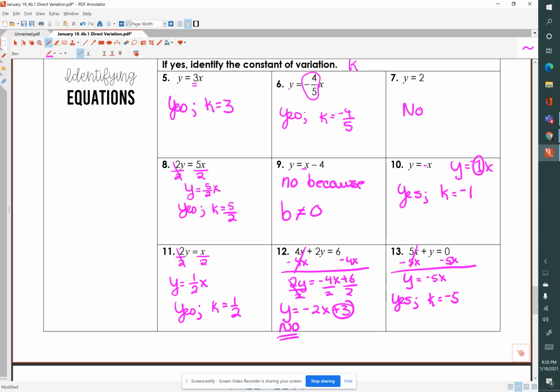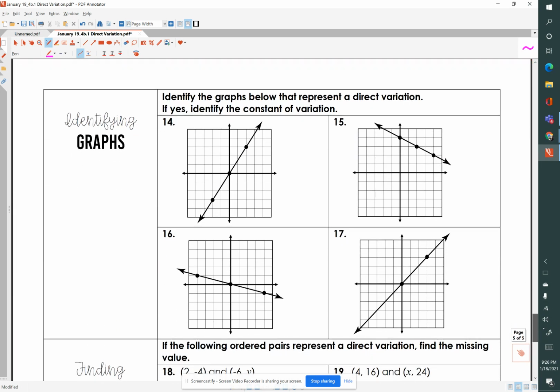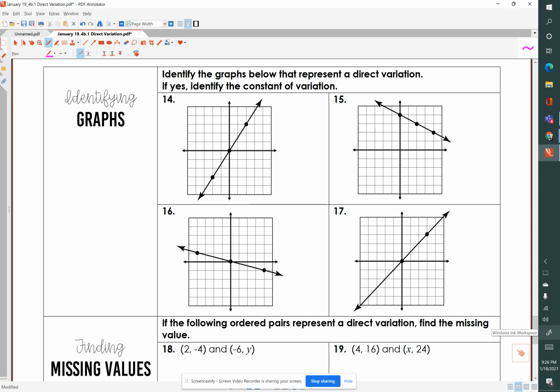Now, moving on, let's look at some direct variation graphs. So identify the graphs that represent a direct variation. If yes, identify the constant of variation. Well, let's look at what we have. We have our 0, 0.